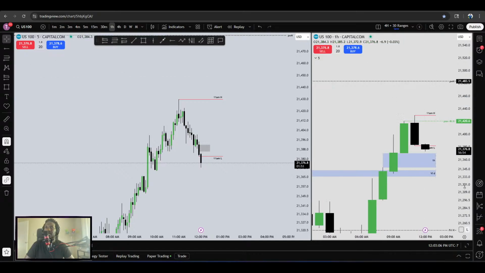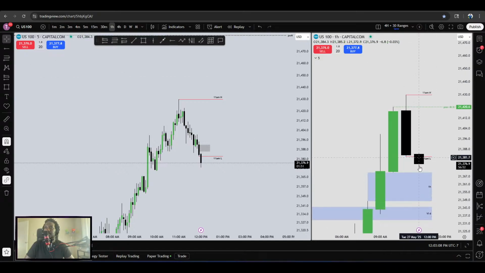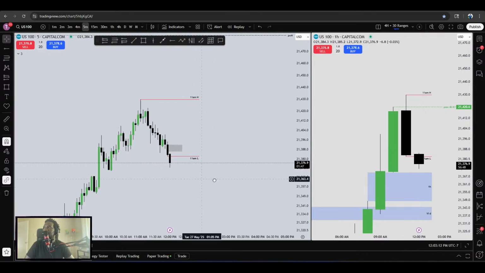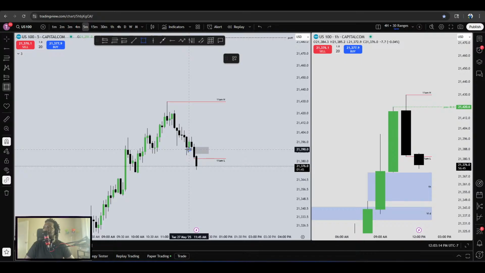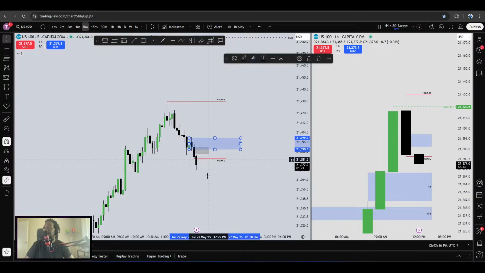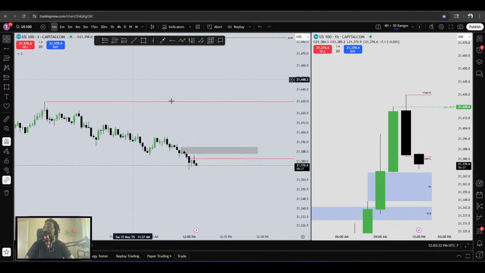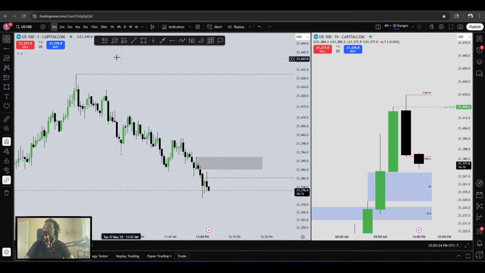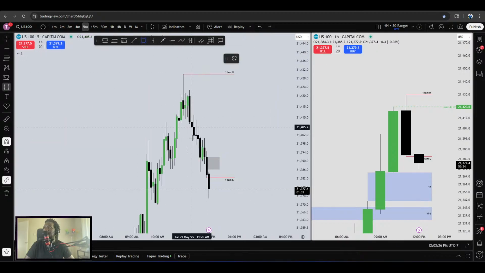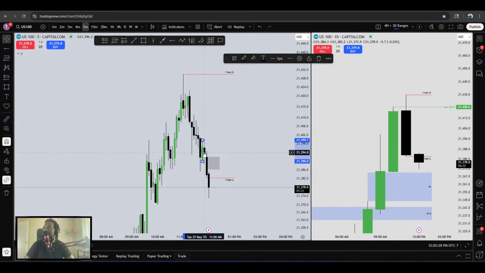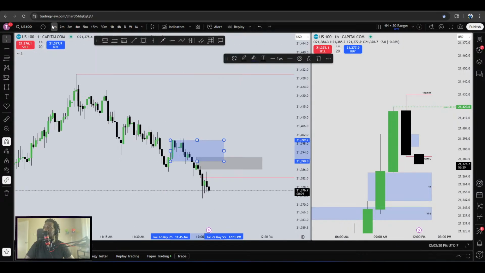Okay, so we're back on the 1 hour. Honestly, I want us to go down a little bit further, get into this spot here. This is our 5-minute last up candle before we shut down. So yep, our entry has to be on the 1 minute. I wonder, are they together? Oh, hold up.